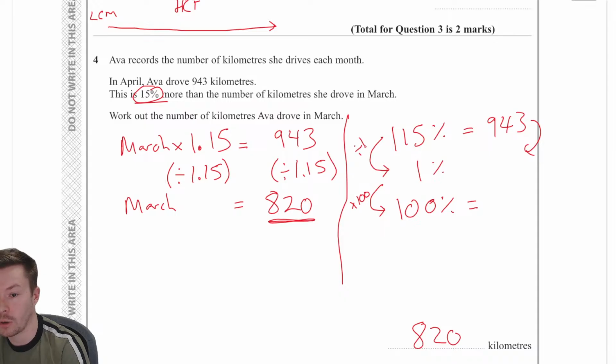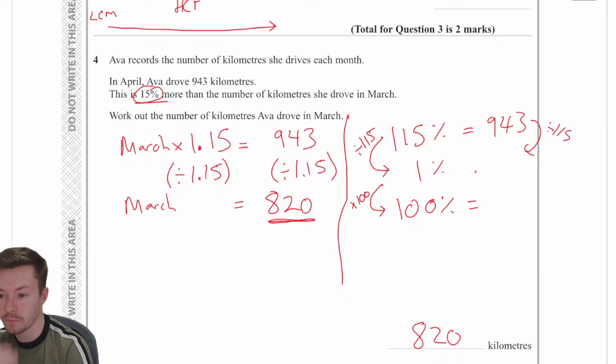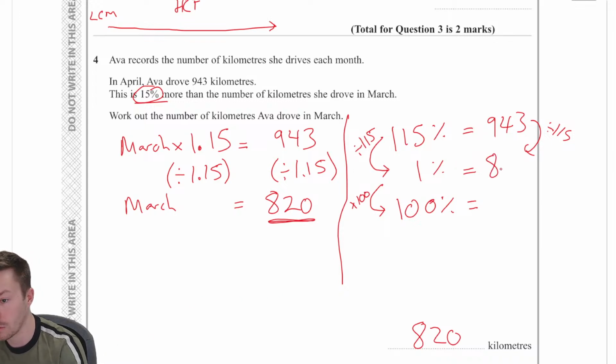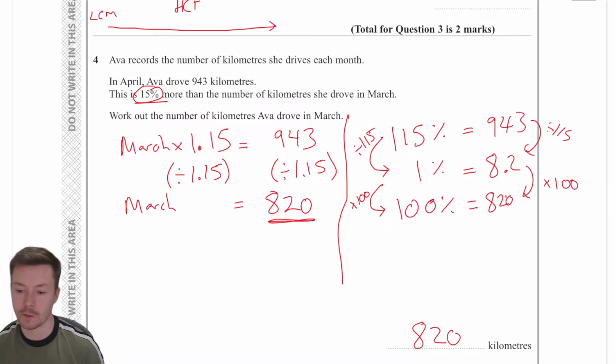So if we divide by 115, 943 divided by 115 is 8.2. Times by 100 is equal to 820. Okay, so hopefully that helps explain that question.